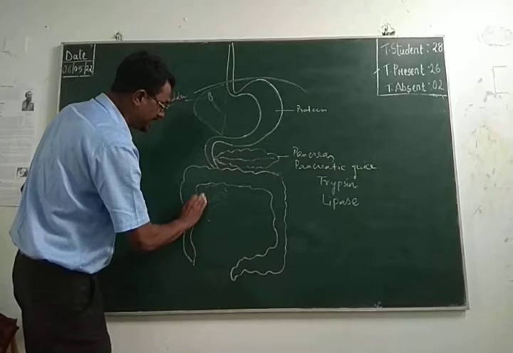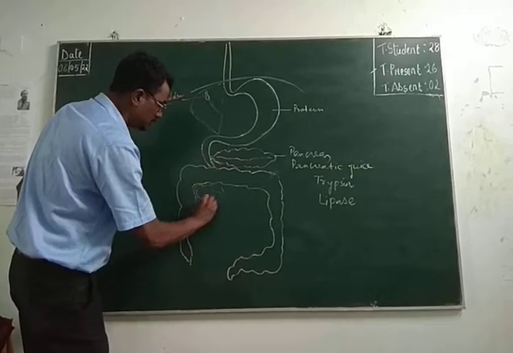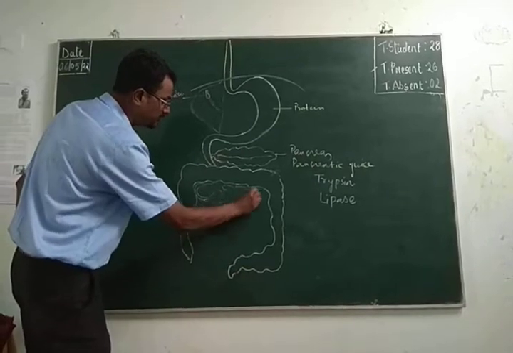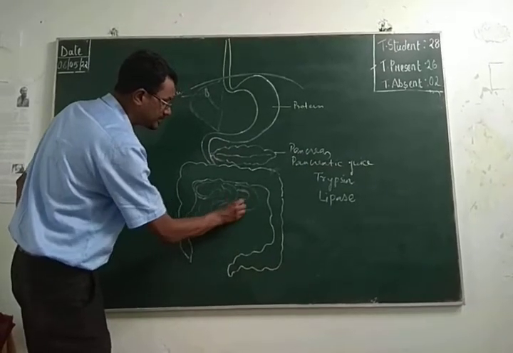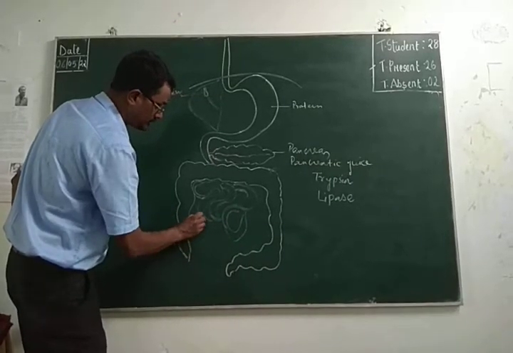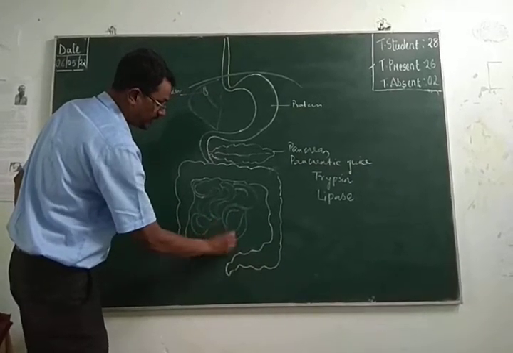Small intestine is a long tube which is very much coiled.